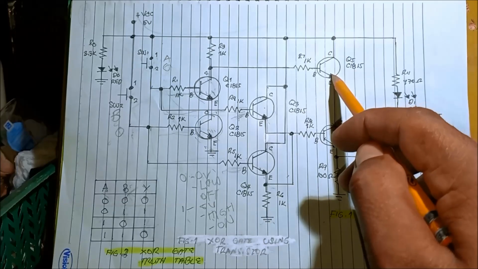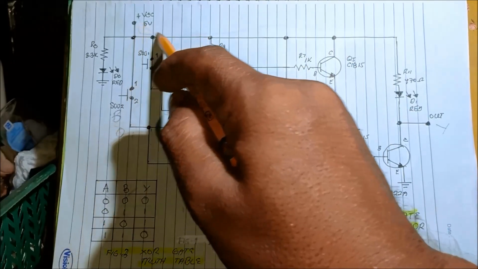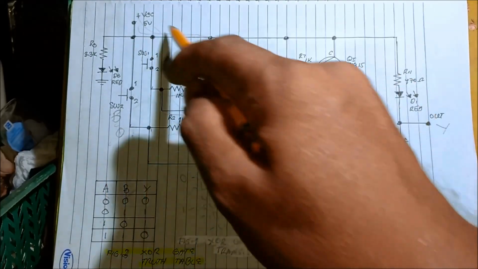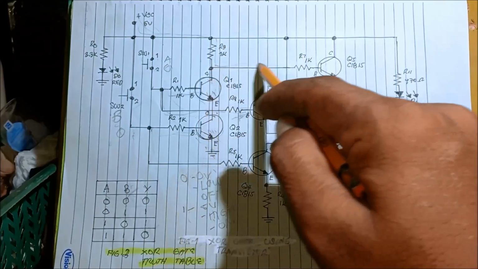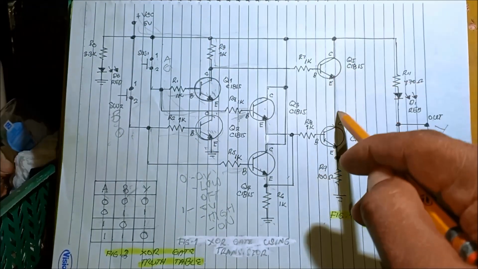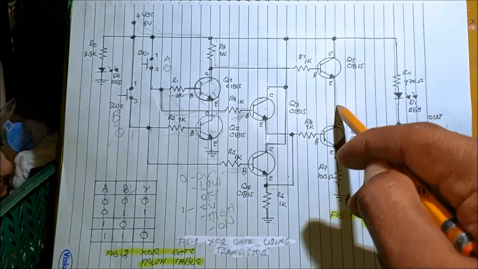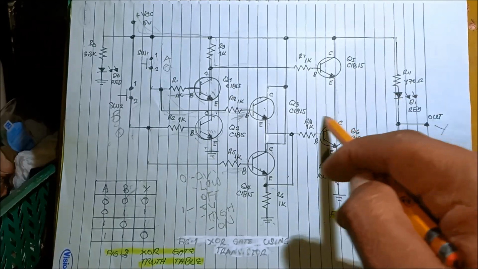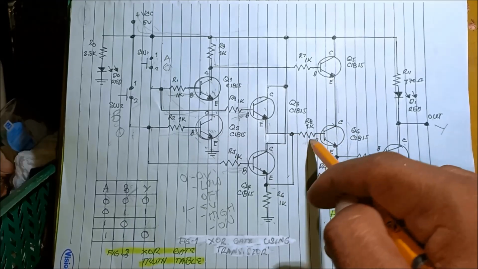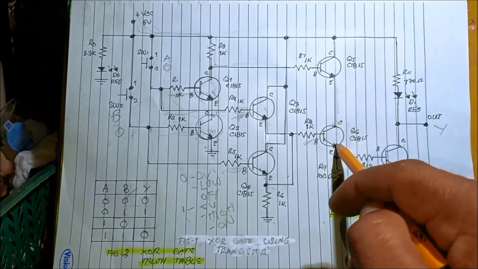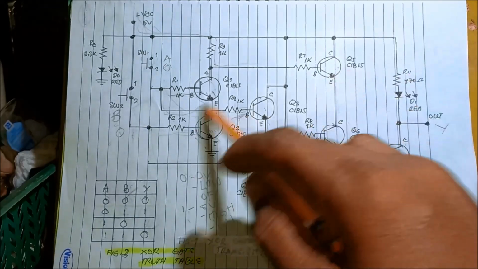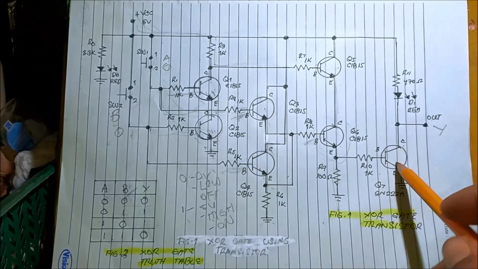This is off. Even though it is directly connected to the source through 5 volts and R3 1K, making it turn on, it's off because the current will not flow into the ground because of this transistor. There's no triggering base current to the second transistor. That's why it remains off. And because all of this is off, the output is off.